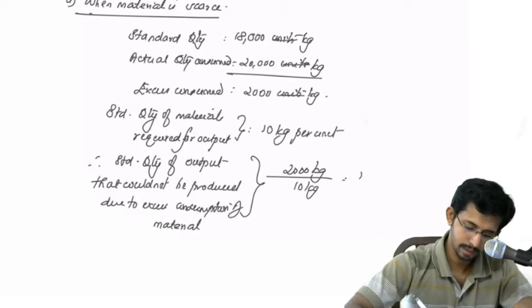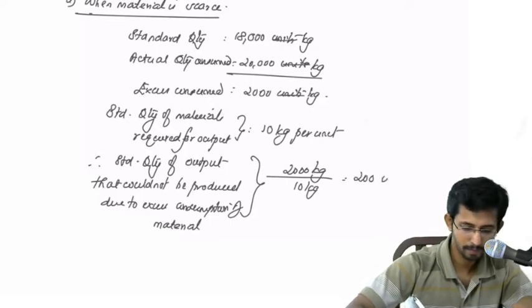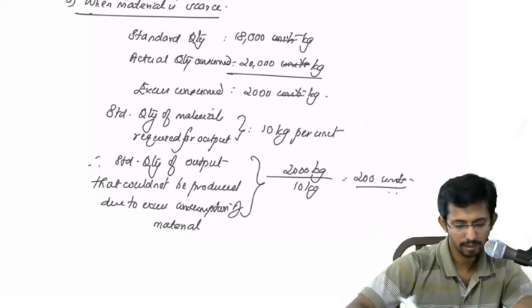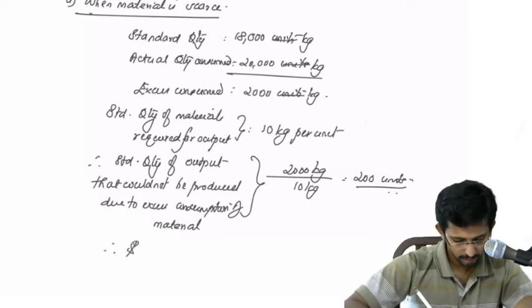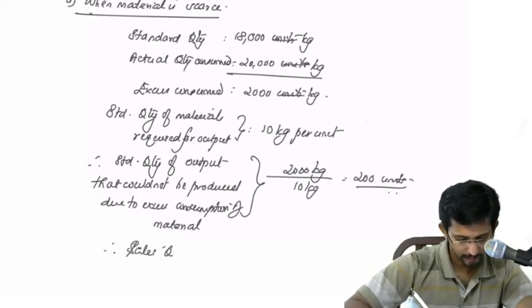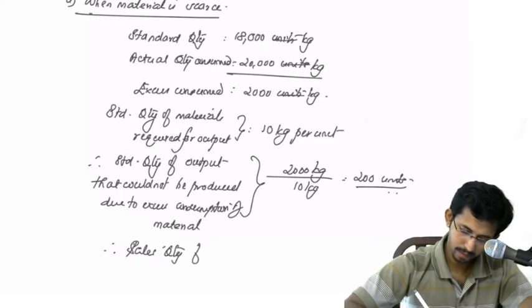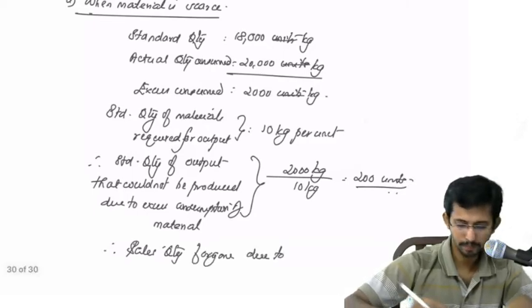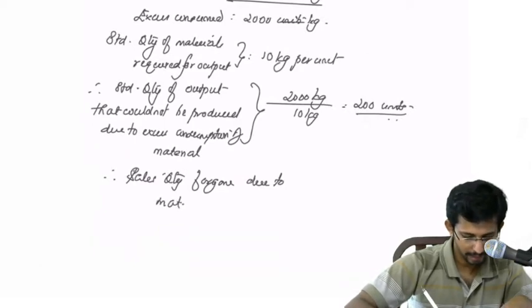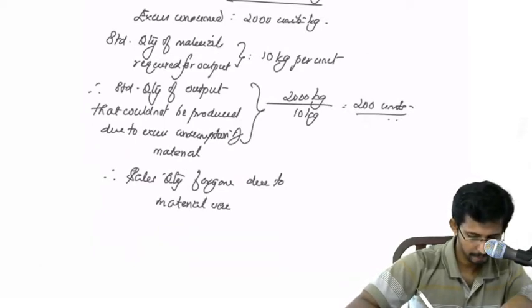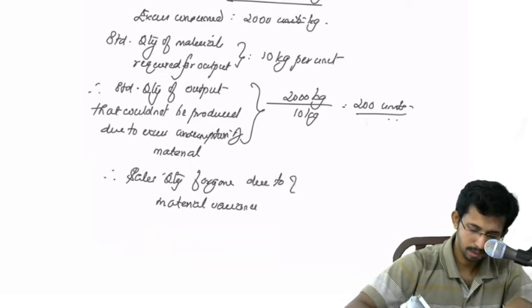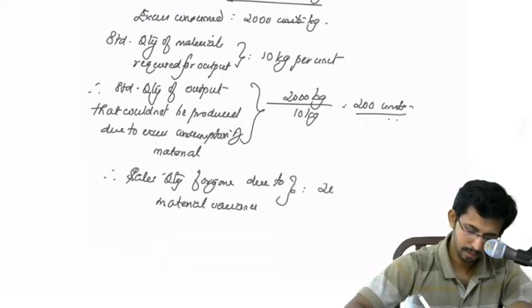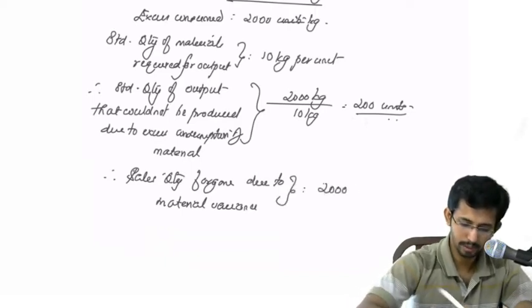So how much? 200 units. Therefore, sales quantity foregone due to material variance. How much? 200 units.